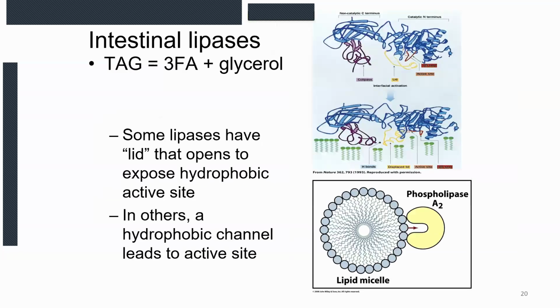Now, in order for an individual enzyme to interact with a triacylglycerol or a fatty acid for that matter, these intestinal lipases have a structure known as a lid that opens to expose their hydrophobic active site, because the active site has to largely be hydrophobic. And so that's how they'll break them down.